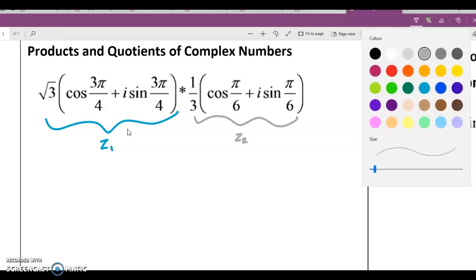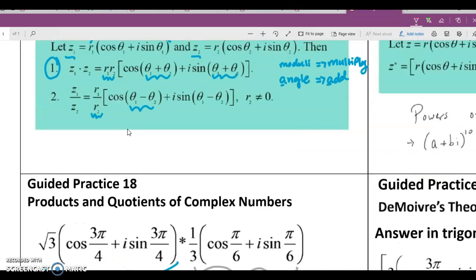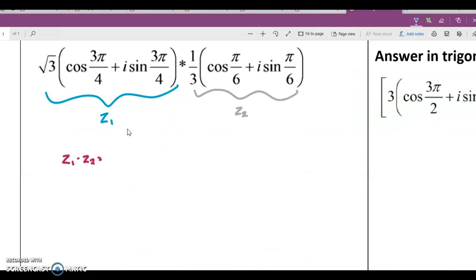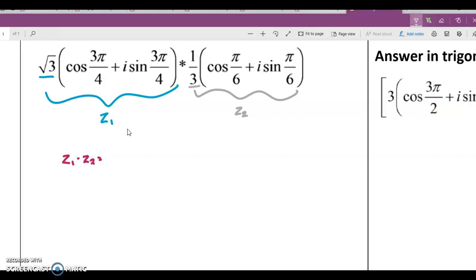So if we want to multiply z sub 1 times z sub 2, that would be equal to, following our rule up here, we take our radii and we multiply them. So our moduli multiply, so that's root 3 and 1/3.